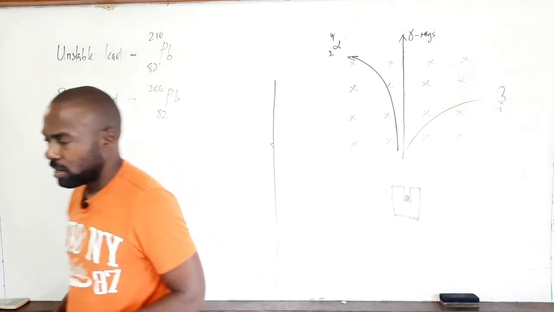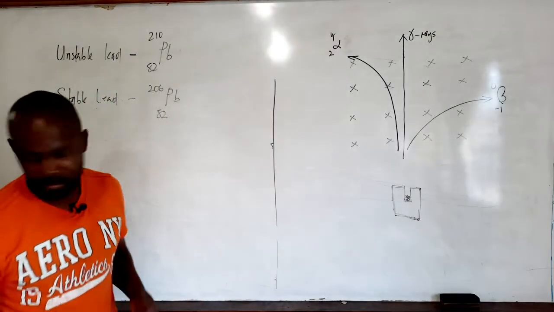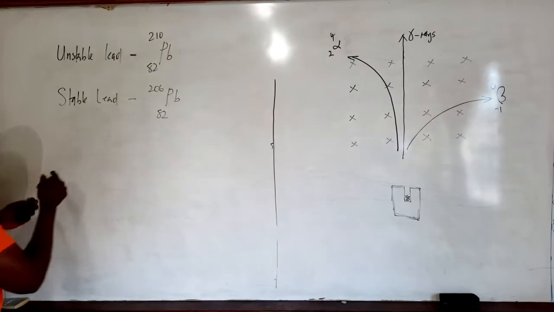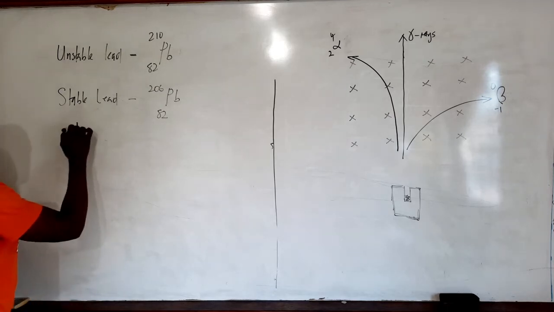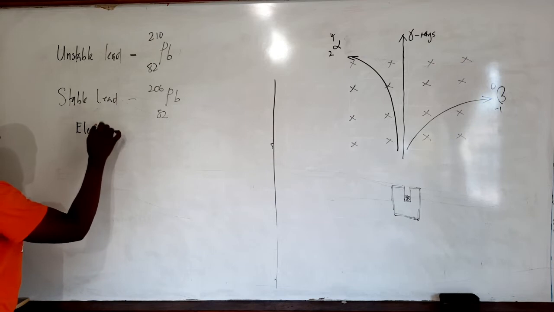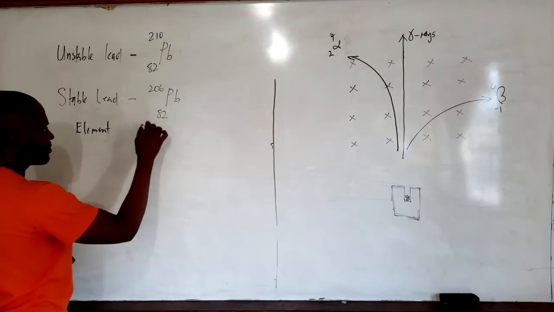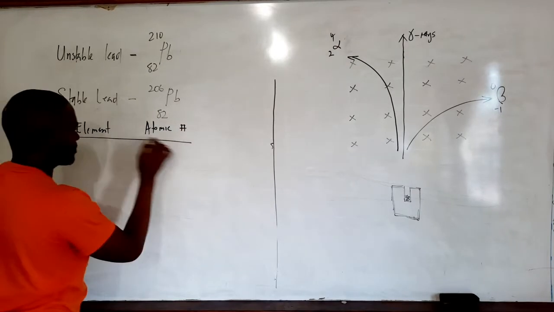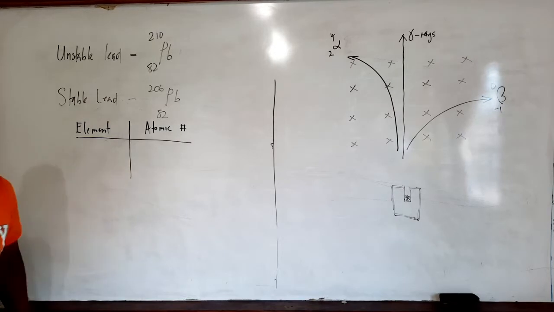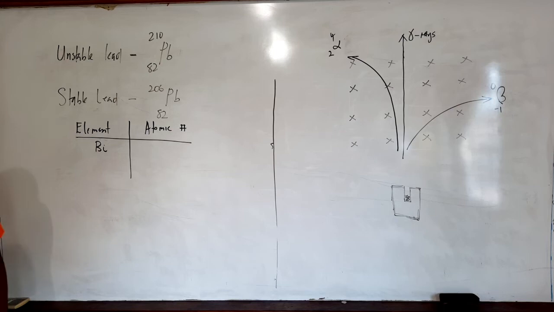Right? We're also given two elements and their atomic numbers. So let's just jot that down. So we have element, atomic number, so we have bismuth, Bi, with an atomic number of 83.